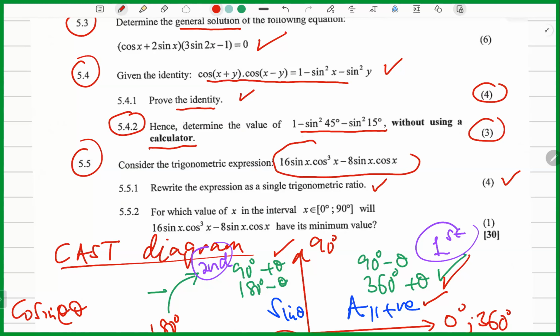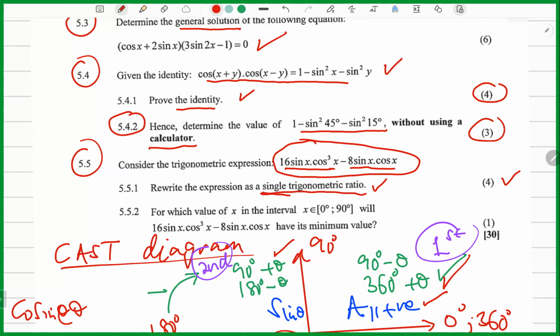Everything must be made single. It's like you have a binomial here. We have a term here, which is a product of some terms, and we have another term here. And now they're saying make these two terms one single trig ratio.